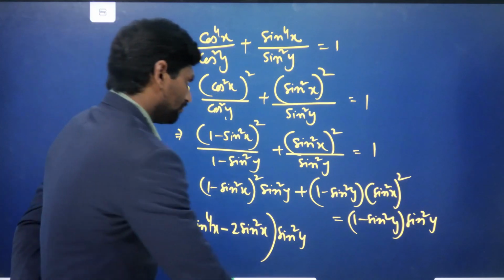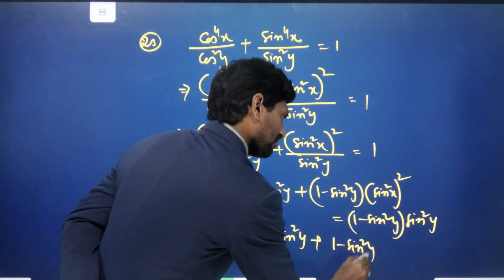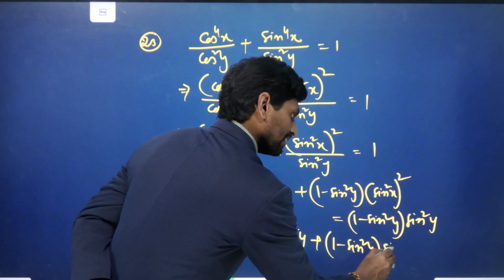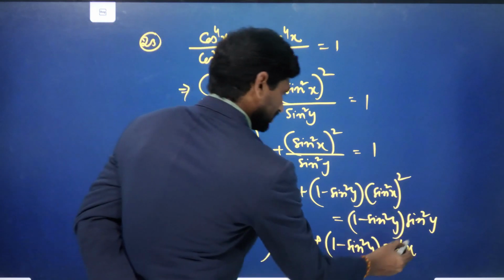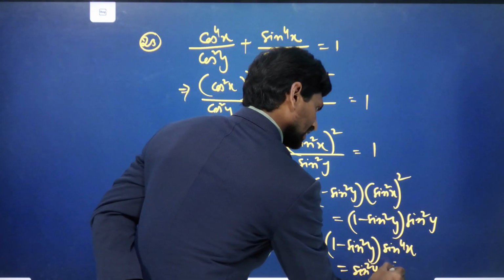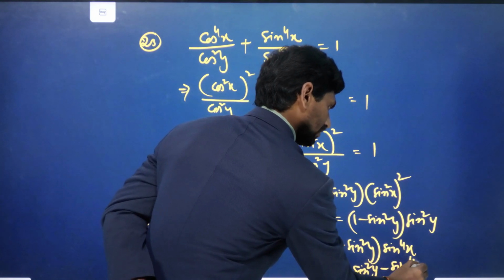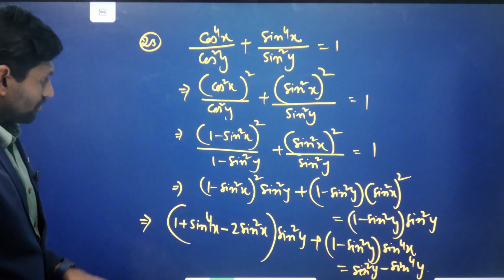Plus (1 minus sin square y) into sin power 4x, that is equals to sin square y minus sin power 4y. Every term we need to simplify.